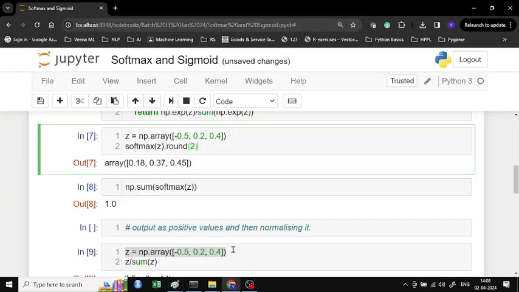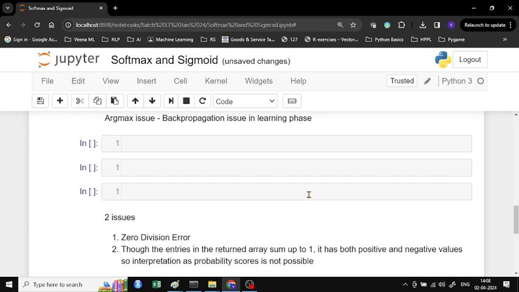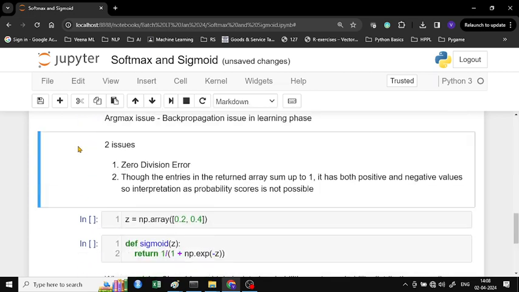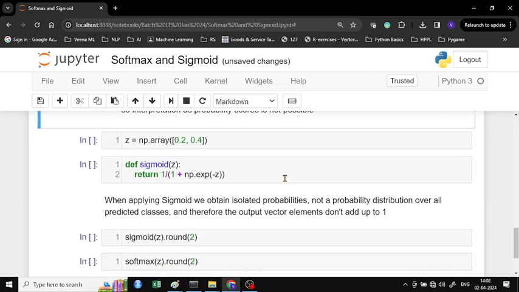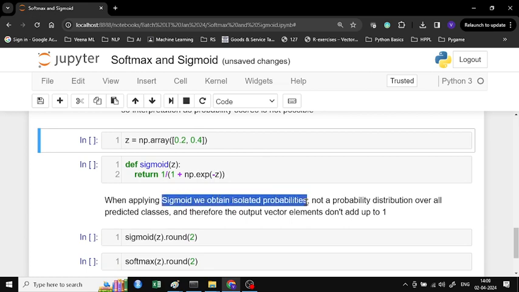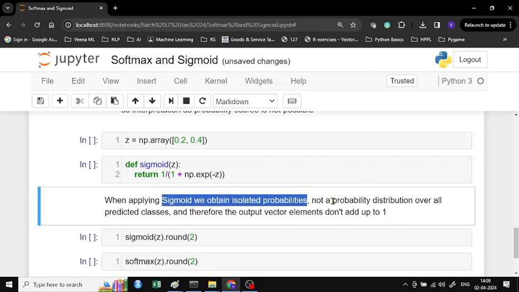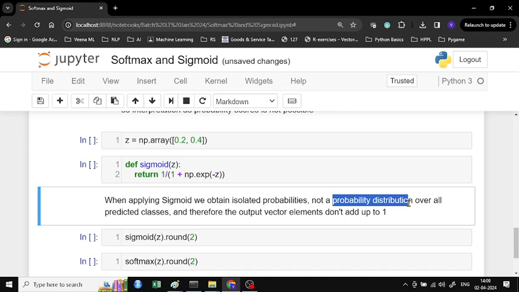So let's see this in code. As I mentioned earlier, in sigmoid we obtain isolated probabilities because it is not a probability distribution over all the predicted classes, whereas softmax is a probability distribution over all the predicted classes.